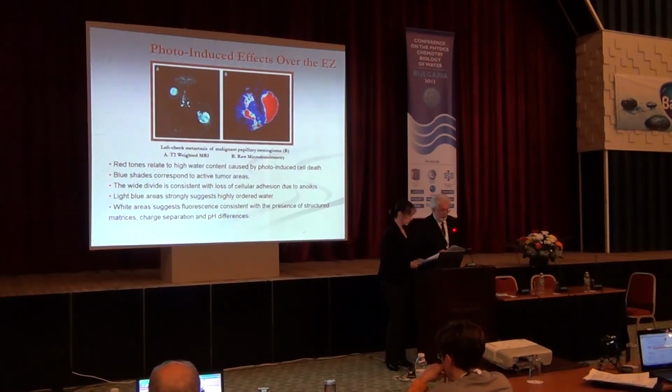Of particular interest, the light blue color around the red tones strongly suggests areas of highly ordered water. On the other hand, bright white areas of variable width between red and light blue regions, especially around small islands of inactive tumor on the right, suggest areas of fluorescence associated with absorption of 270 nanometers of light.